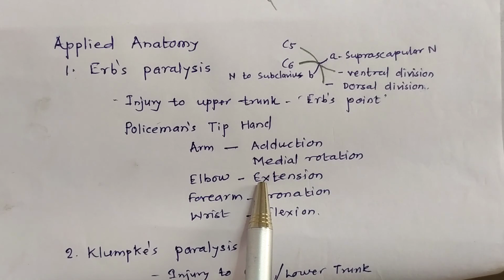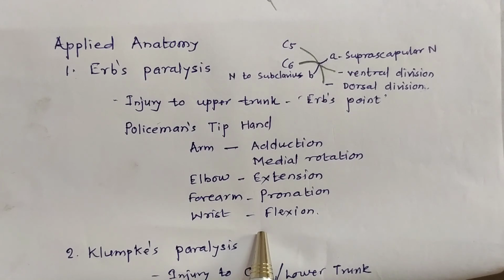The elbow is extended and the forearm is pronated. The wrist is flexed. So this is just a position which is used while taking tip. So this position is called as policeman's tip hand or waiter's tip hand or porter's tip hand.